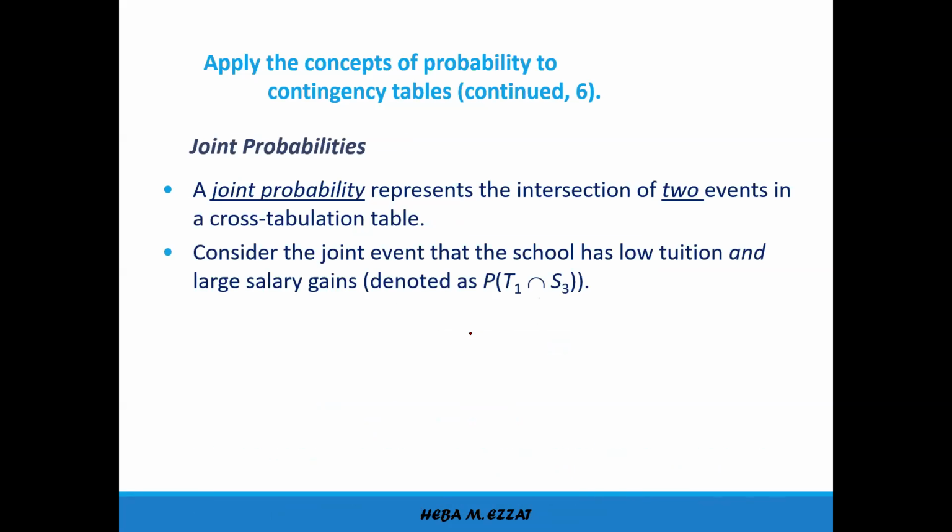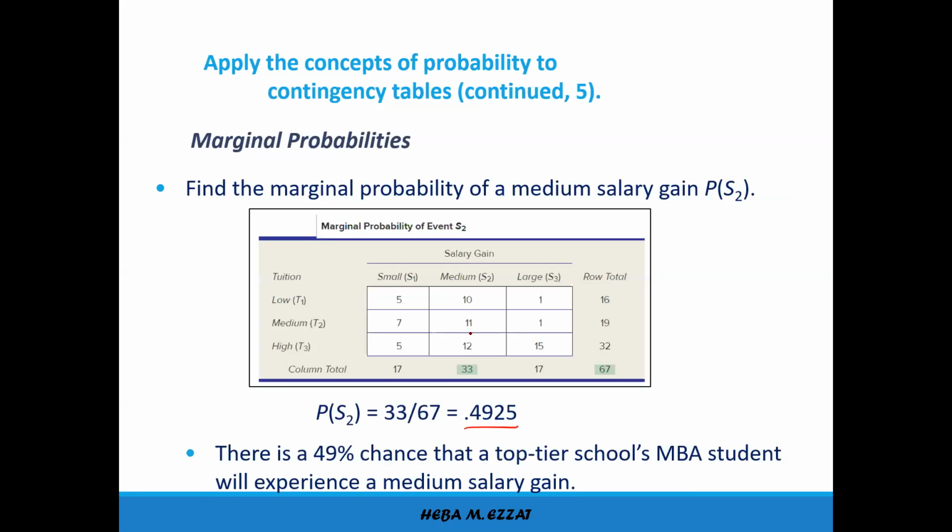The joint probabilities now represent the intersection of two events in a cross population. So consider the joint event that the school has low tuition and large salary gain, denoted as the probability of T1 given S3. So what is the probability of T1 given it's S3?